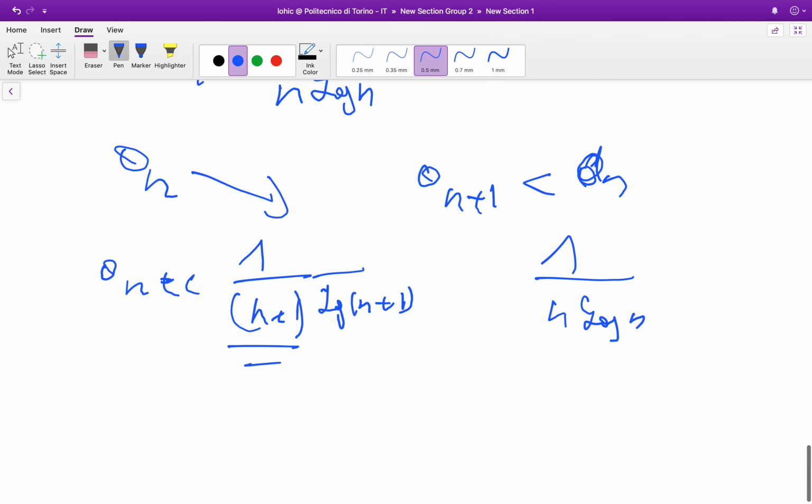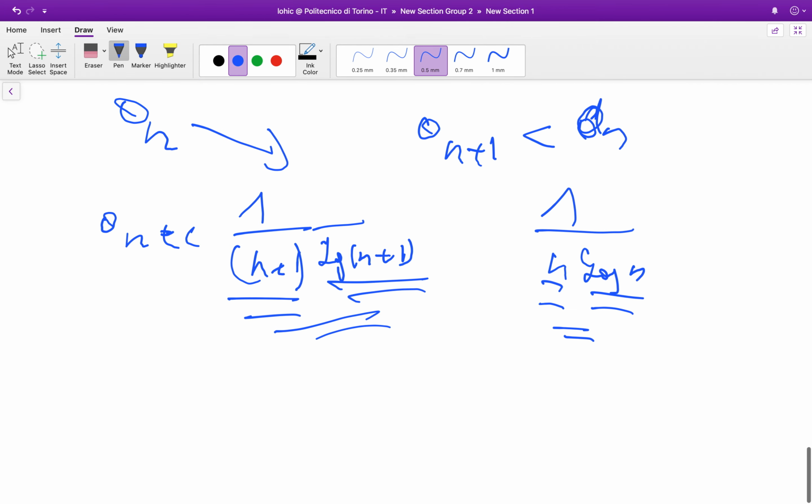Pay attention that n plus 1 is bigger than n, and log of (n plus 1) is bigger than log of n. So you are dividing 1 by something higher, the denominator here is bigger than the denominator there, and hence this is smaller than that. So a_(n+1) is smaller than a_n, so the sequence is decreasing.